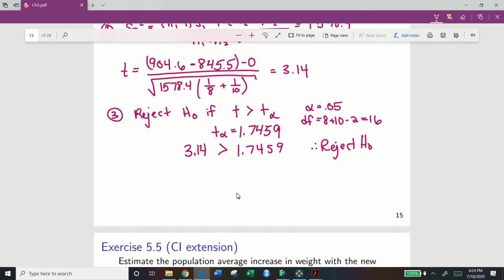Now we can go ahead and make our conclusion. At our 5% significance level, the null hypothesis is rejected.